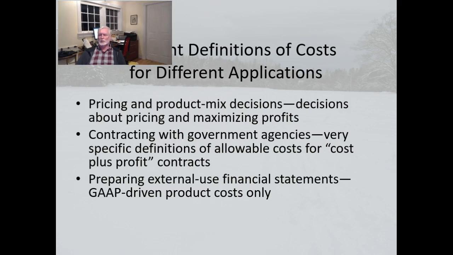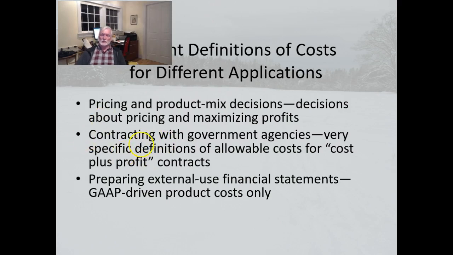So many government contracts are cost plus. So if I'm DIW and I'm building a ship for the Navy, I may have a contract, but the contract states that I'm going to build this ship and it's going to be my costs plus 10% or something like that. So you've got to make sure you have the right costs if you want to do that.